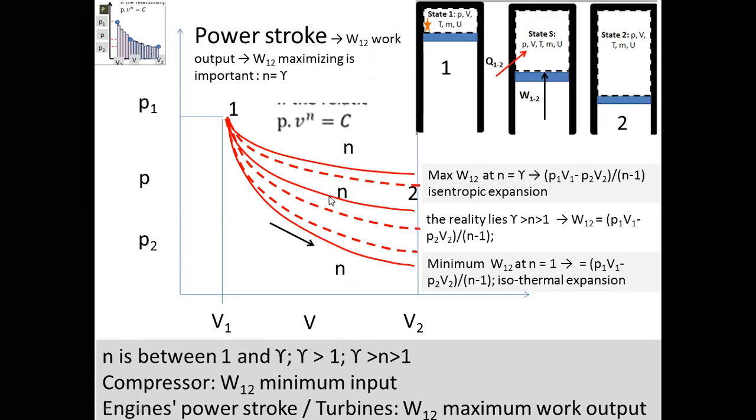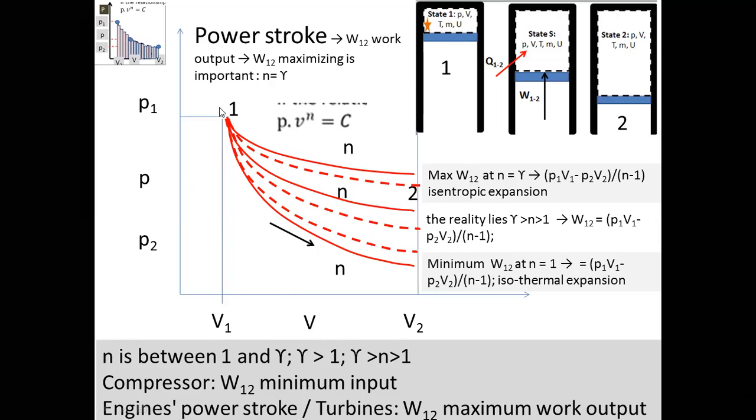W12 is the work output. That's the area under the PV curve here. The function is PV to the power n equals constant. So having the maximum area under PV means that is the maximum work done.